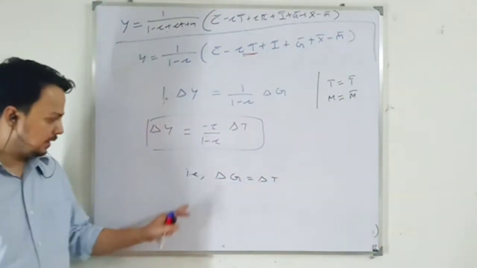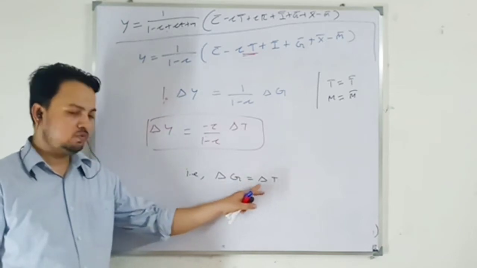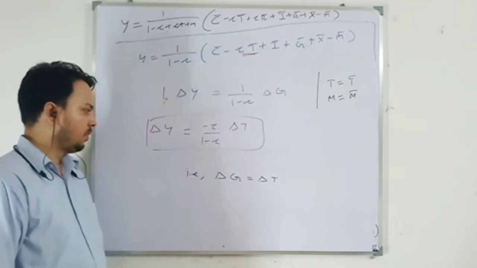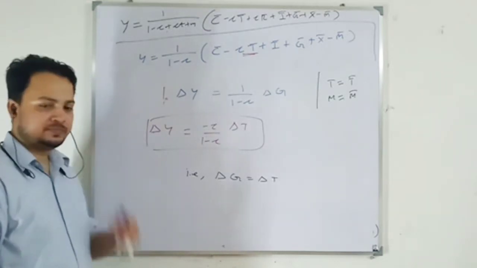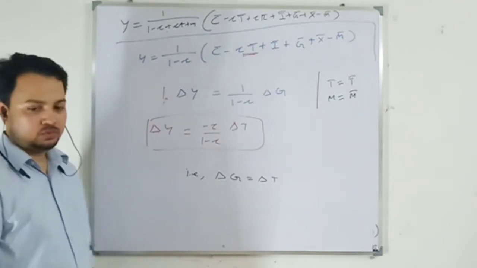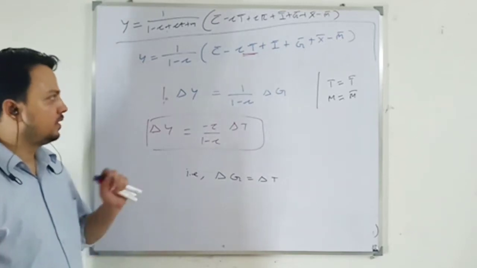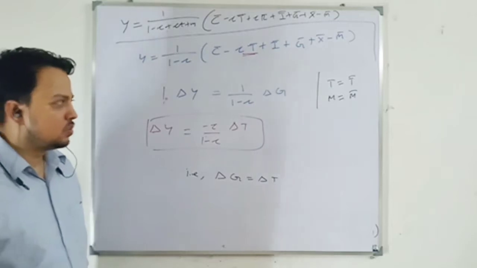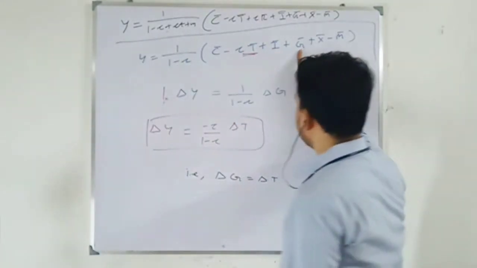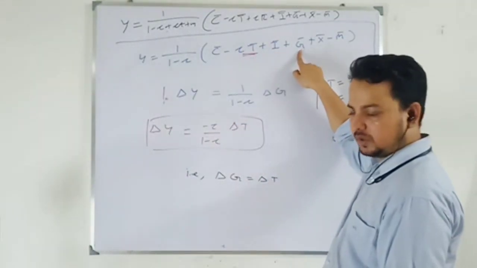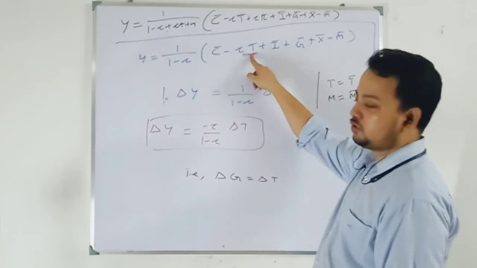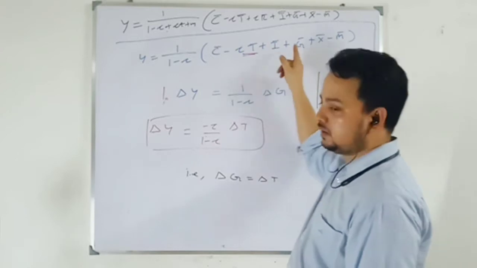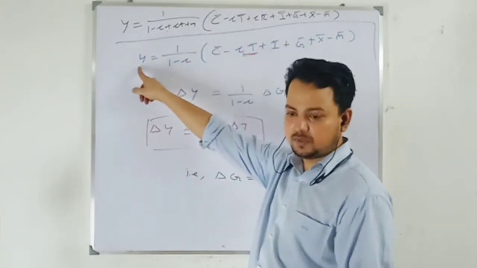Write down, that is, change in G equals change in T. So remember one thing, you have seen these two things. When government is increasing expenditure, it is imposing an equal amount of tax. Tax is changing, government expenditure is changing, then only your income is changing.